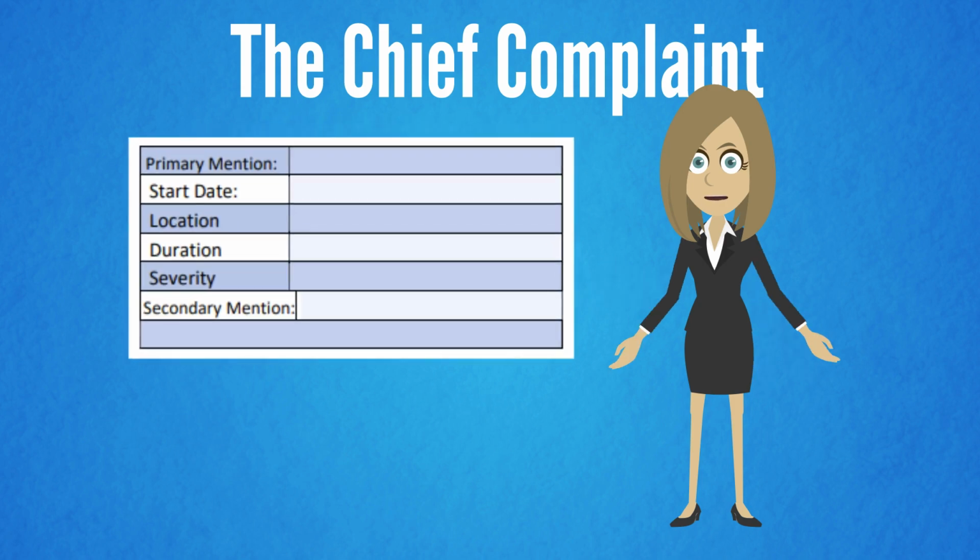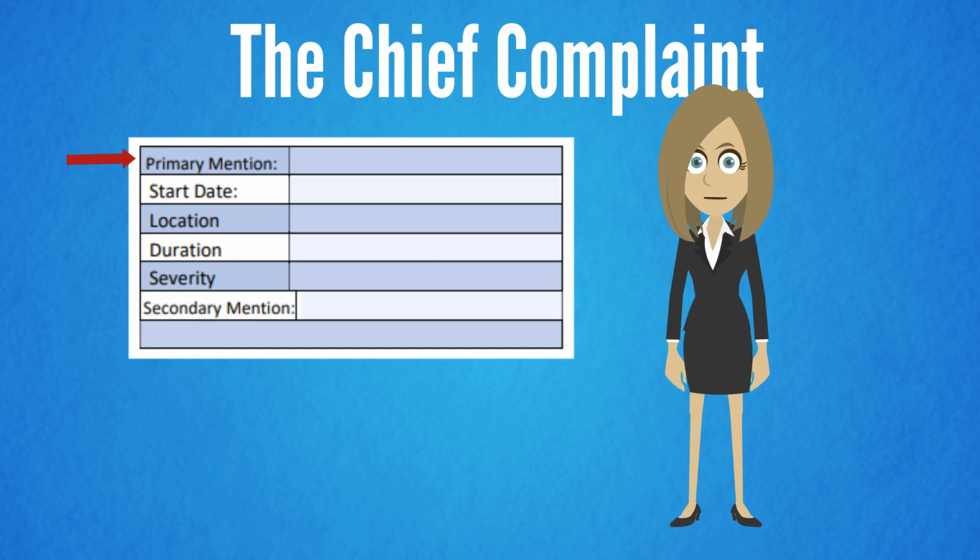Filling out your chief complaint is so easy. In the primary mention, you need to write down what the issue or the concern is. You can liken the primary mention as a title.